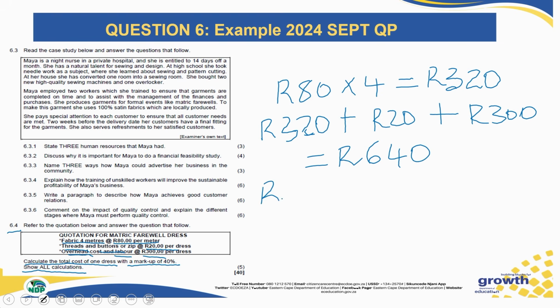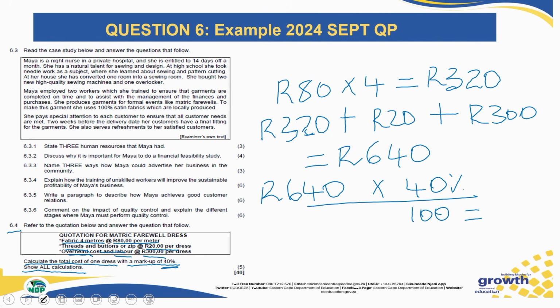And the second step will be to calculate your markup. You take your production cost, which is 640, multiplied by the markup of 40%, divide by 100. And your answer is 256. Therefore, this is your profit or your markup.